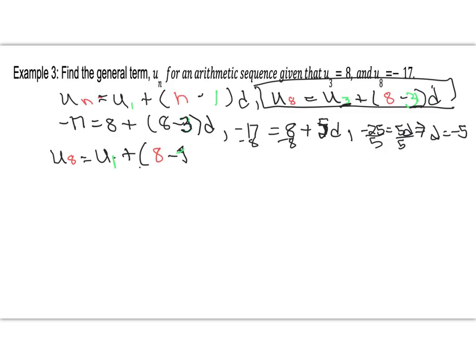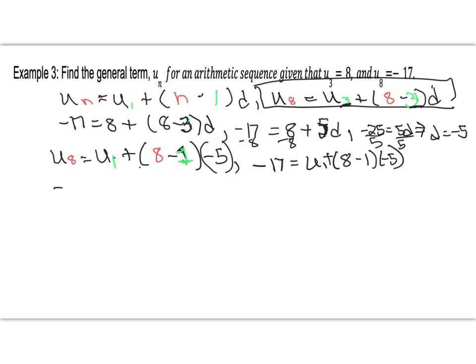Oh, and since I'm looking for 1, I'm going to put a 1 there this time, and I already know that the common difference is negative 5. And U8 is still negative 17. So let's go ahead and put in what we have. Negative 17 equals U1 plus 8 minus 1 times negative 5. Let's put a parenthesis so we don't think that's subtraction.